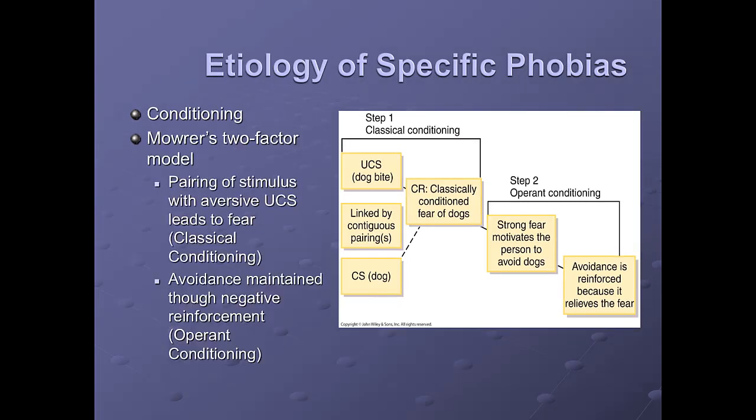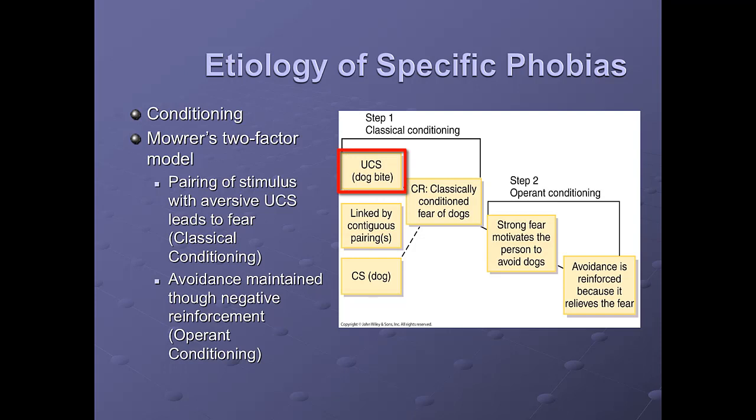And Mowrer gives us a two-factor model where step one focuses on a classical conditioning process and step two on an operant conditioning process, through which a person can develop a phobia. I'm going to use an example, first, of a friend of ours who is deathly afraid of dogs. Basically, what happened to him as a child is that he experienced a dog bite.